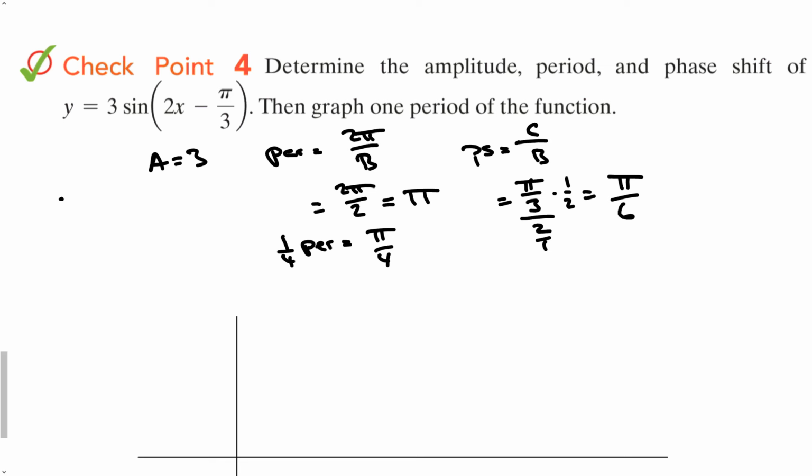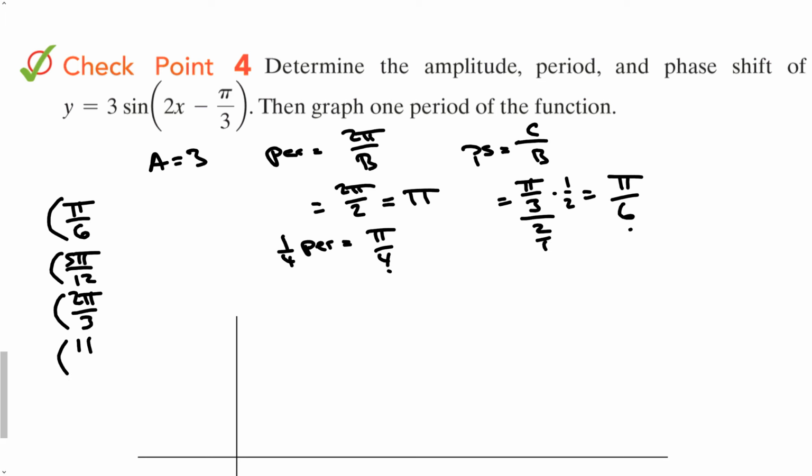So my first key point is the phase shift. The function starts at the phase shift. Next key point is phase shift plus a quarter period, finding the common denominators, reducing when you're done, gives me 5 pi over 12. A quarter period later, plus pi over 4, again, gives me 2 pi over 3.